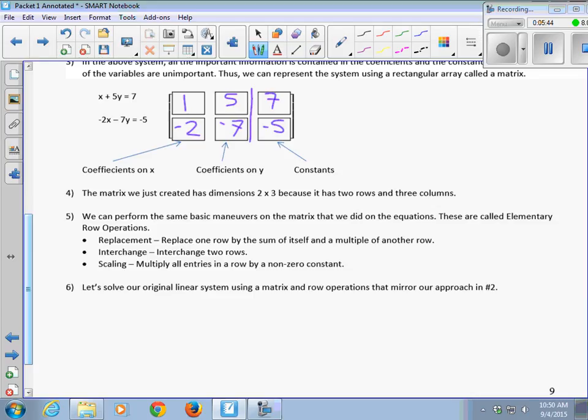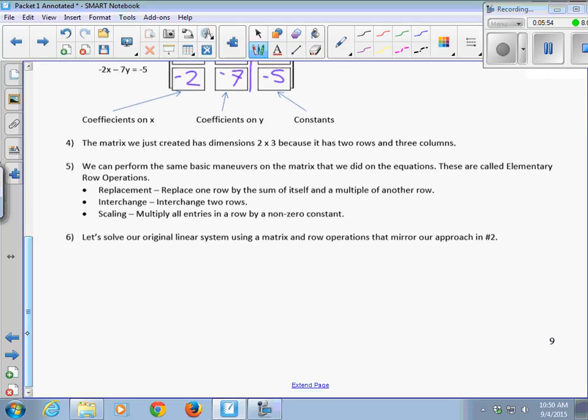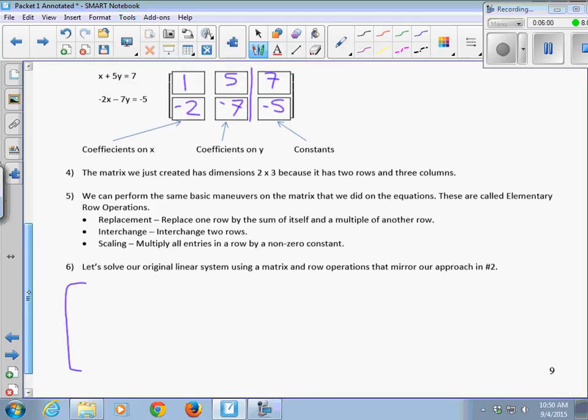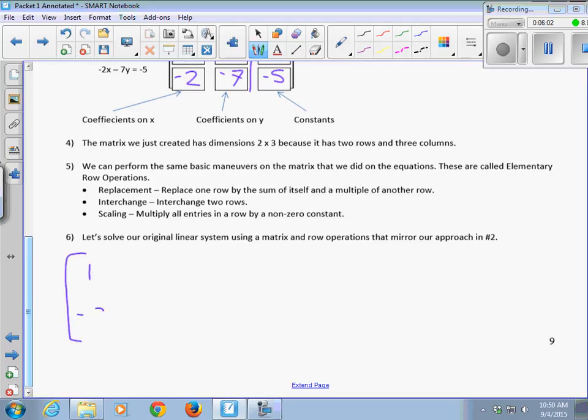So yeah, if you Google any of this stuff or Khan Academy or whatever, you'll probably see the vertical line. Okay, so I'm going to solve the original system using the matrix and row operations. I start by writing down my original matrix: 1, -2, 5, -7, 7, -5, vertical line.